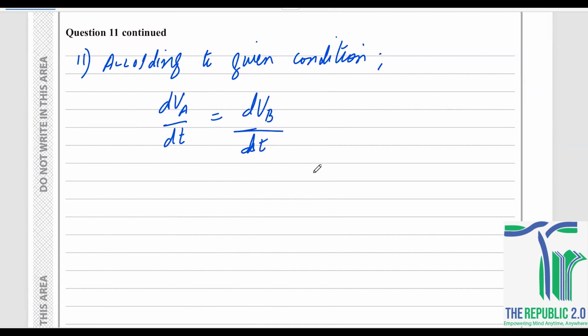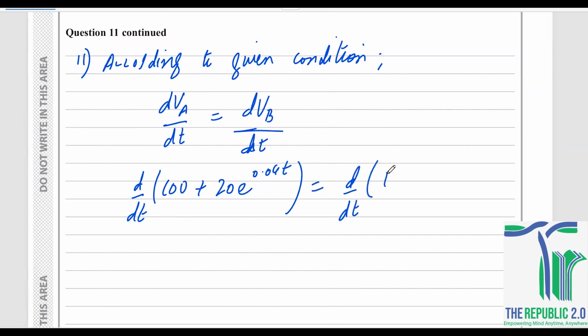Now we're just going to differentiate that, d upon dt. If you remember, the VA was 100 plus 20 times the thingy, d upon dt. VB was P, which was 240 now, 240 e to the power of negative 0.02 into t.